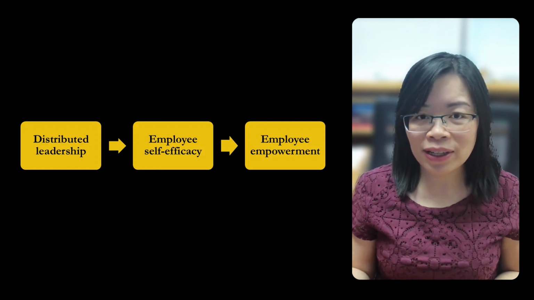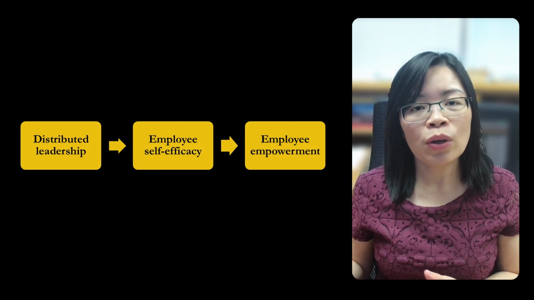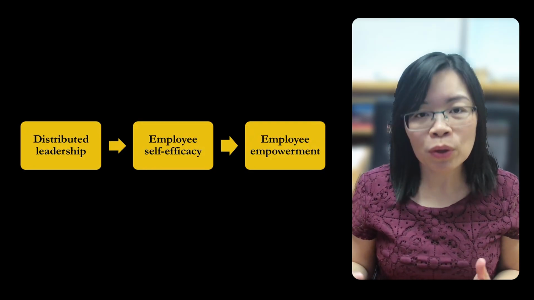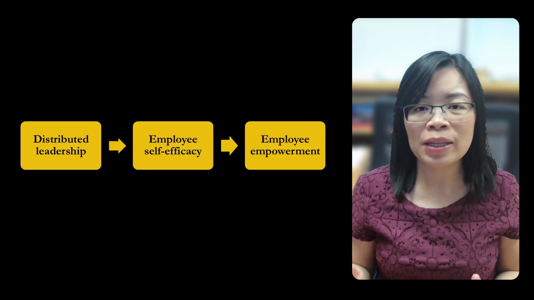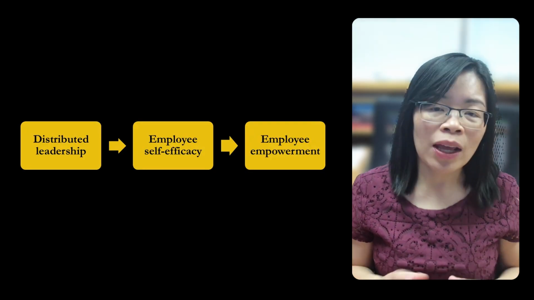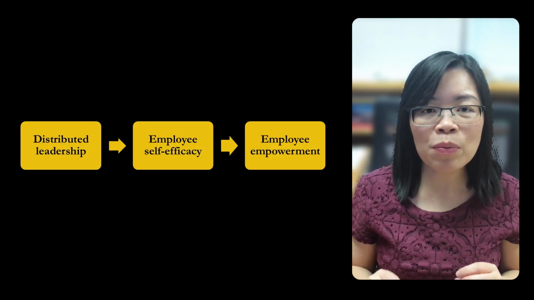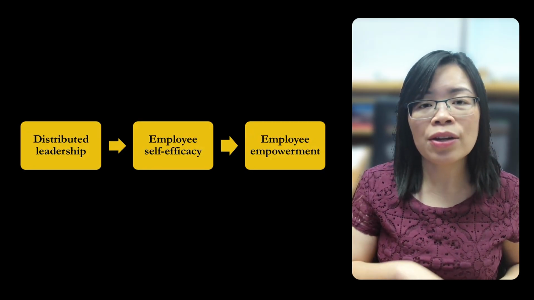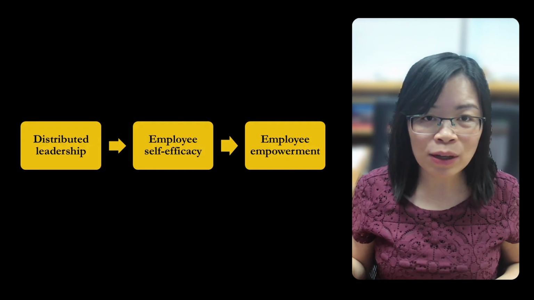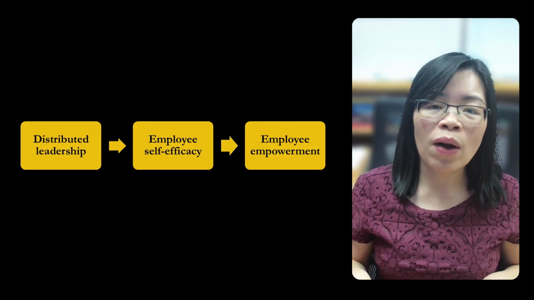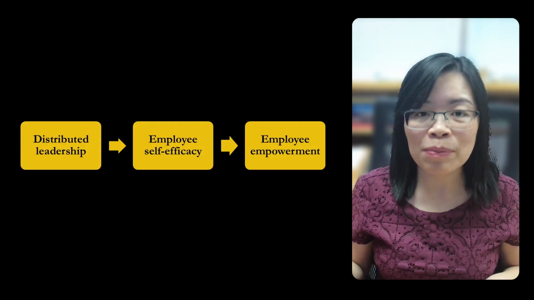Heightened self-efficacy, in turn, leads to a fuller sense of empowerment expressed as greater perceived control, influence, and impact on the organization. So the causal chain posited by your theoretical framework is: distributed leadership increases employee self-efficacy, and that strengthened self-efficacy drives the increase in employee empowerment.